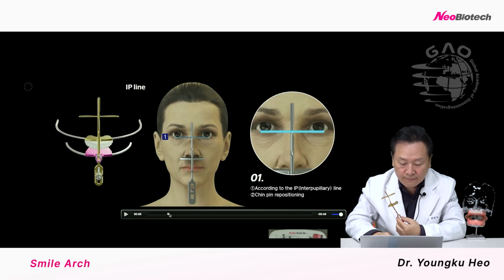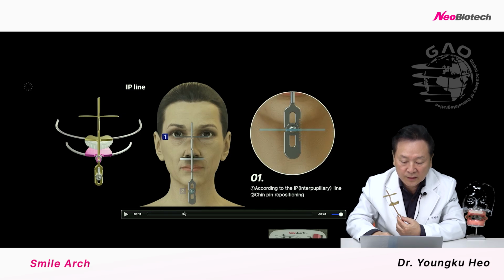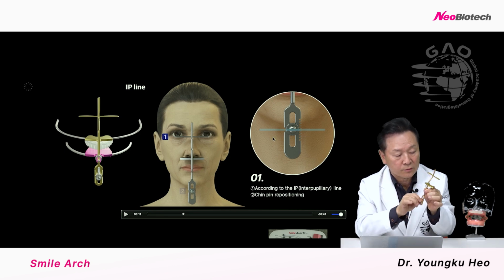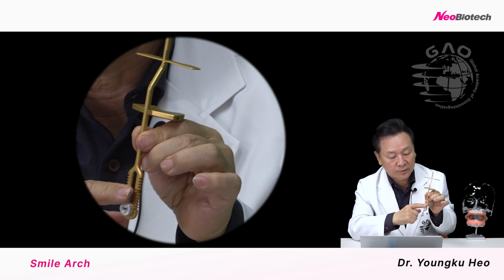If the interpupillary line is 1 millimeter or one line up like this, okay, from this information we can determine the vertical dimension of occlusion. We call this the D point here.